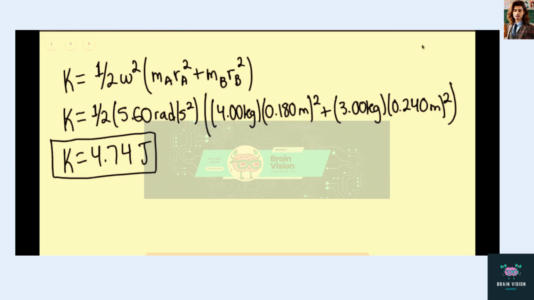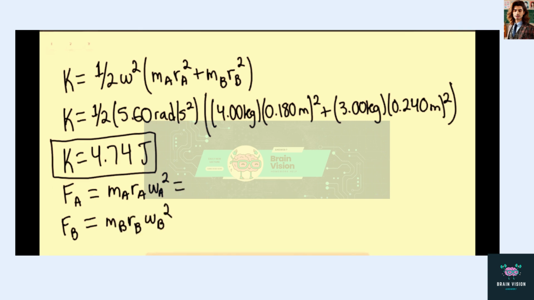And then for the forces, now this would be m sub A, r sub A, omega sub A squared, and m sub B, r sub B, omega sub B squared. Let's solve. 4.00 kilograms multiplied by 0.180 meters multiplied by 5.60 radians per second quantity squared.